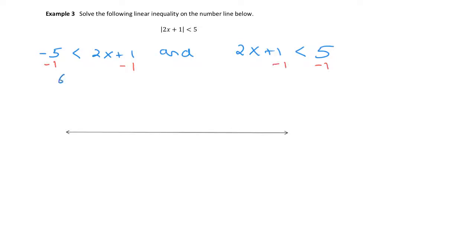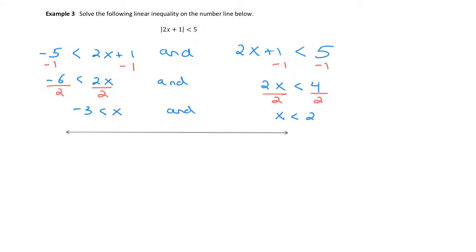I get -6 is less than 2x, and on this other one, I'll put and in between them, I get 2x is less than 4. To get x by itself, I can divide both sides by 2. And in the first one, I get -3 is less than x, and x is less than 2.